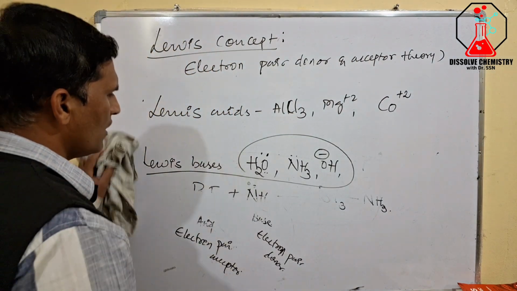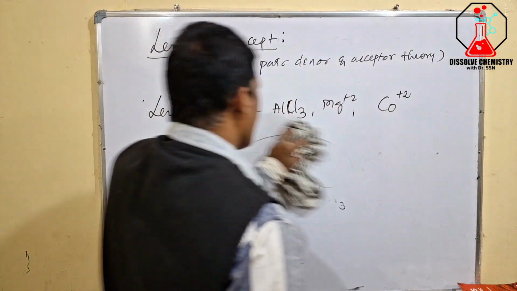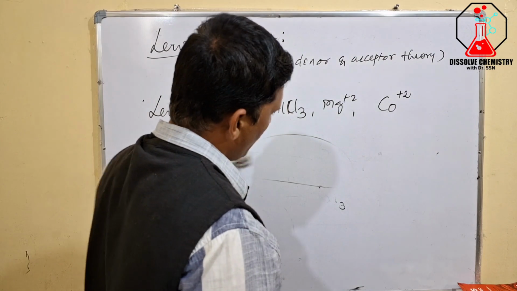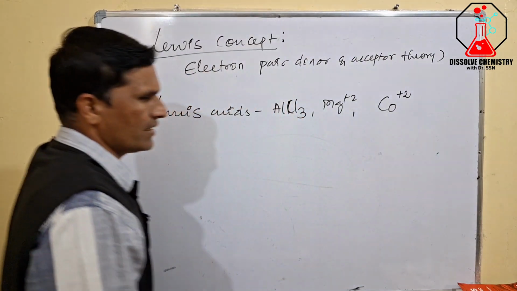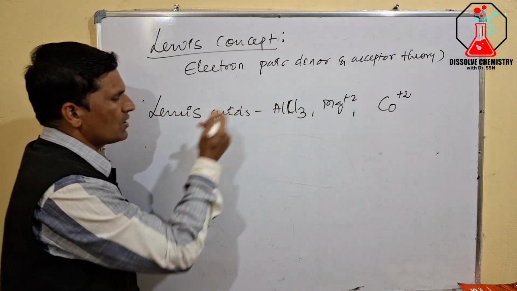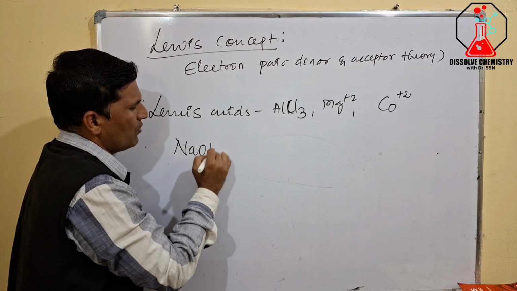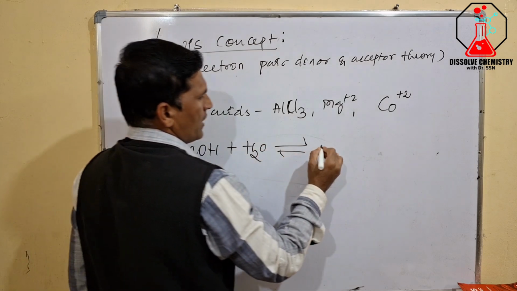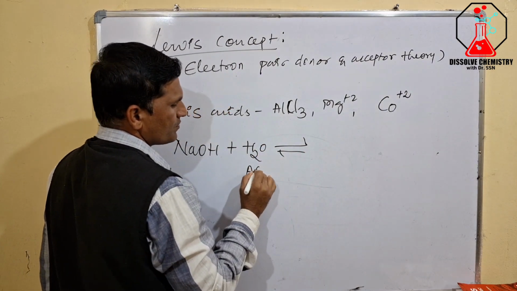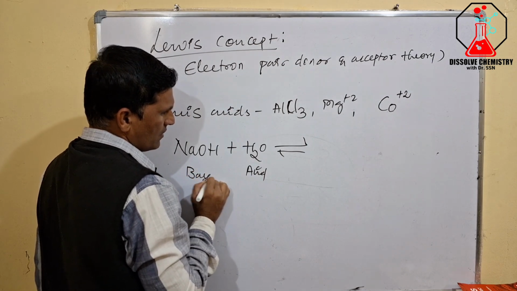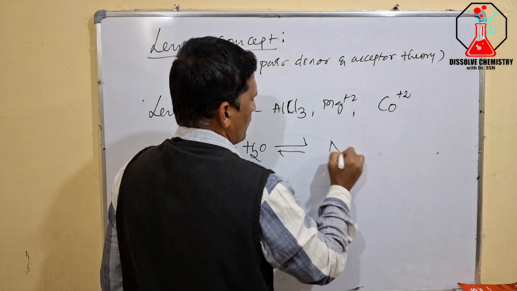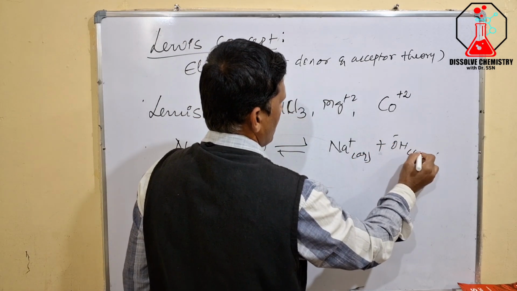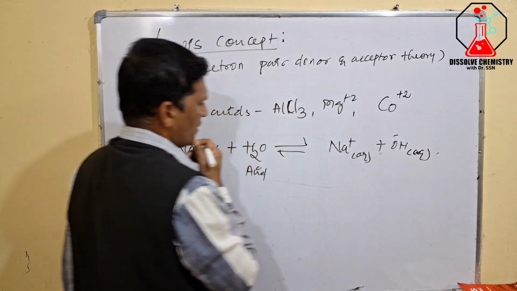Now another important thing is, in both Arrhenius theory and Bronsted and Lowry theory, we have seen that water, when it comes in contact with bases such as NaOH, is acting as an acid, and NaOH is the base. So what you will get is Na plus aqueous plus OH minus aqueous.